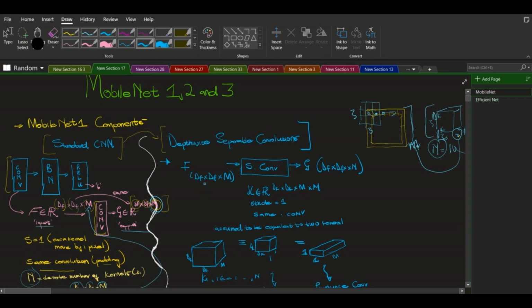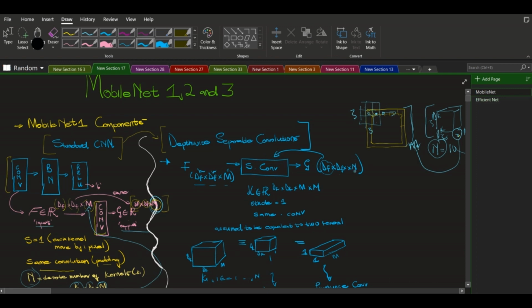Right? So we have an input image, Df by Df by M. So we know that this is, like, say, height, width, and channel. Okay, then we have a standard convolution. Then we have the output, like so. I want you to know that this output is pretty much dependent on the operations happening within the convolution, right?